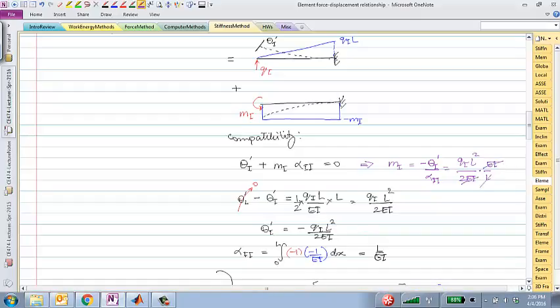EI cancels off, one of the L cancel off. So that gives me a relationship between MI and QI. So MI turns out to be equal to QI L over 2. Sorry, go ahead, April.